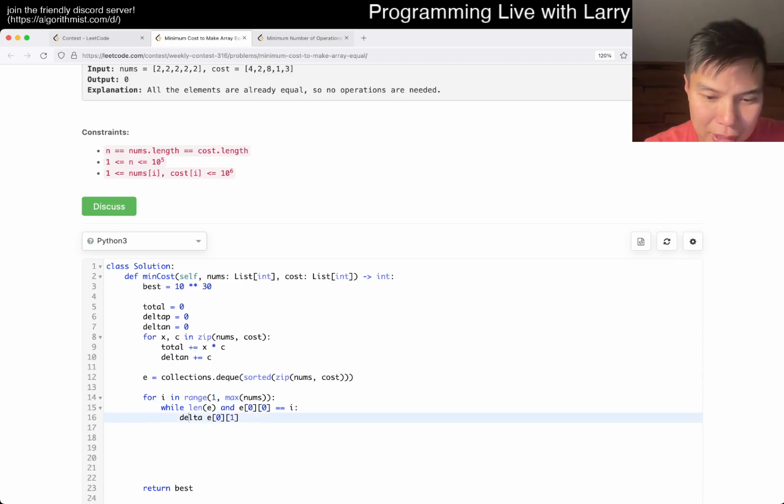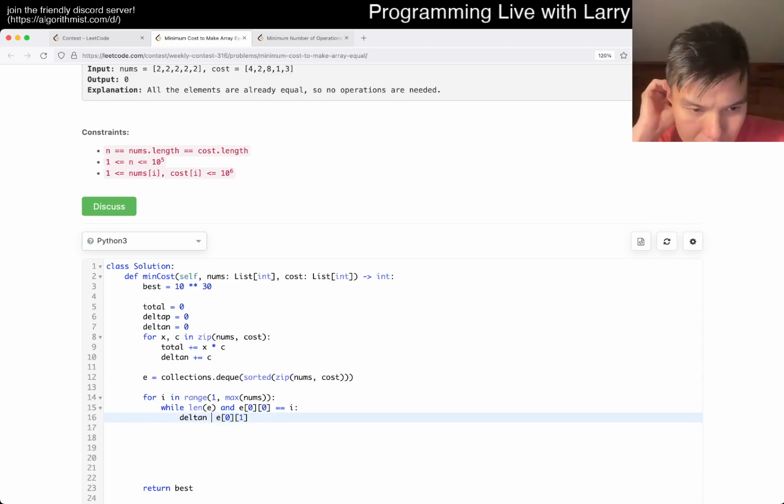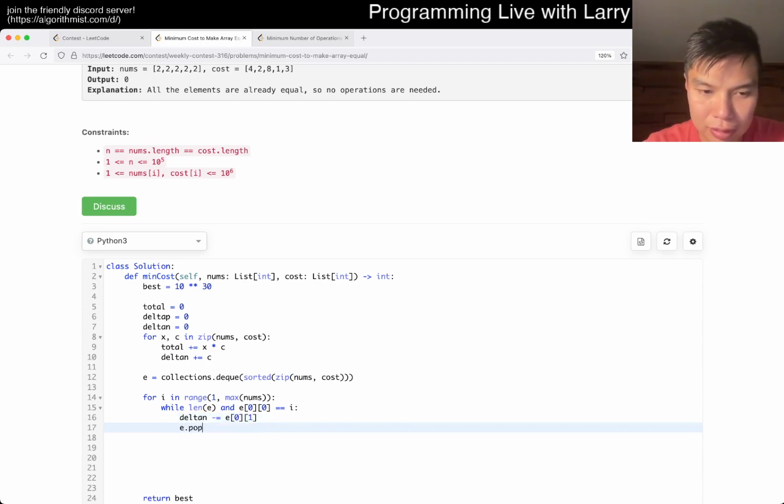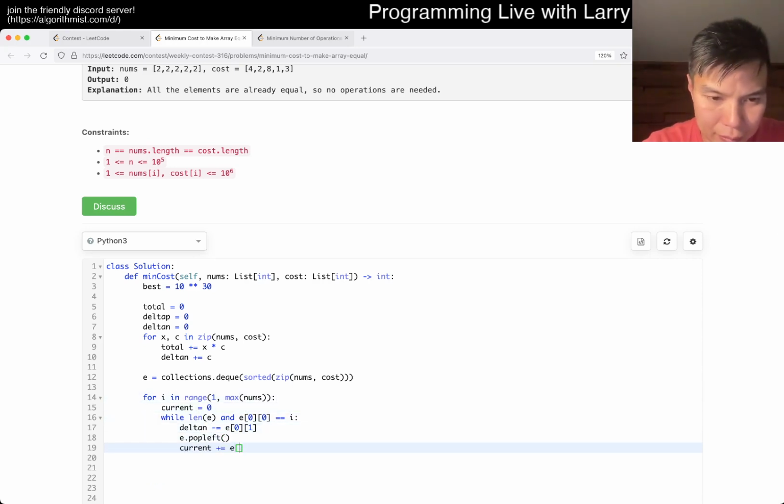Man, I am not doing well. Okay, if this is equal, then we actually, if it is equal, then we don't add it yet, but of course do it before.